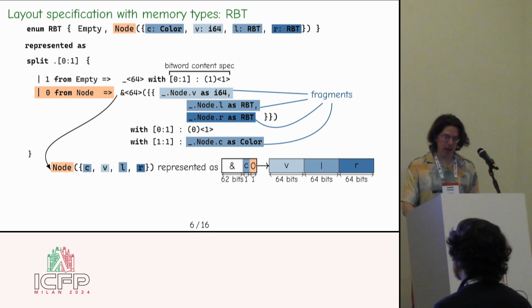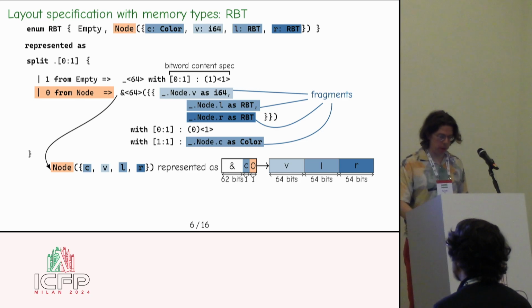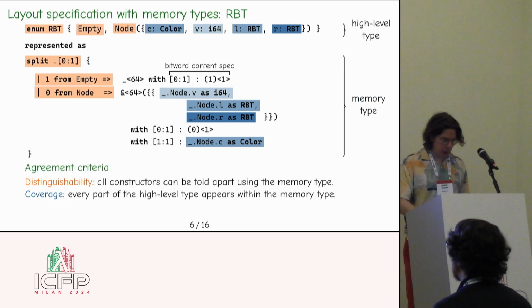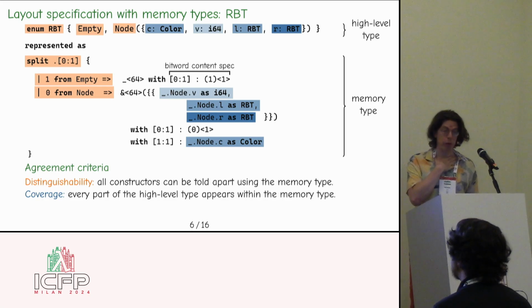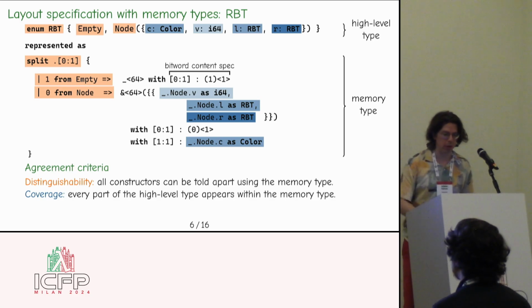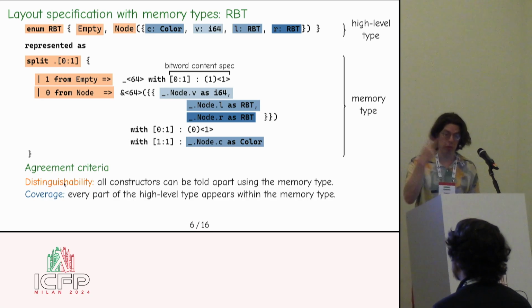Right. Okay. So now we have a full representation. Cool. What can we do with it? We can verify that it actually works. We have formal criteria that assert that this is indeed a good representation. There are several of them, and I'm going to highlight 2. One of them is distinguishability.